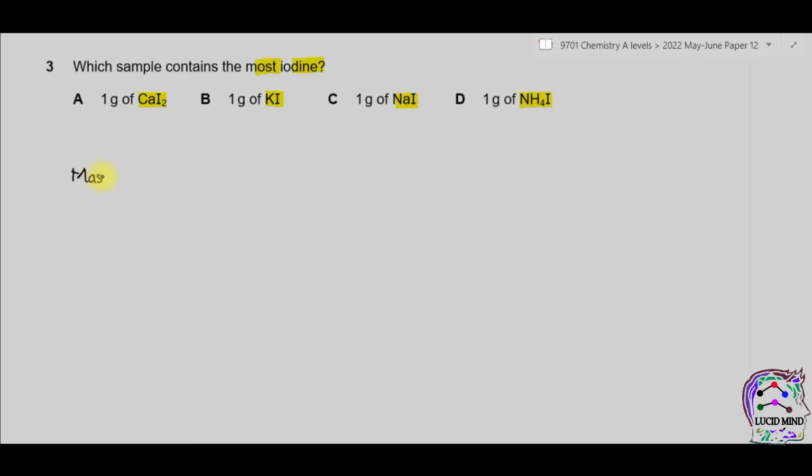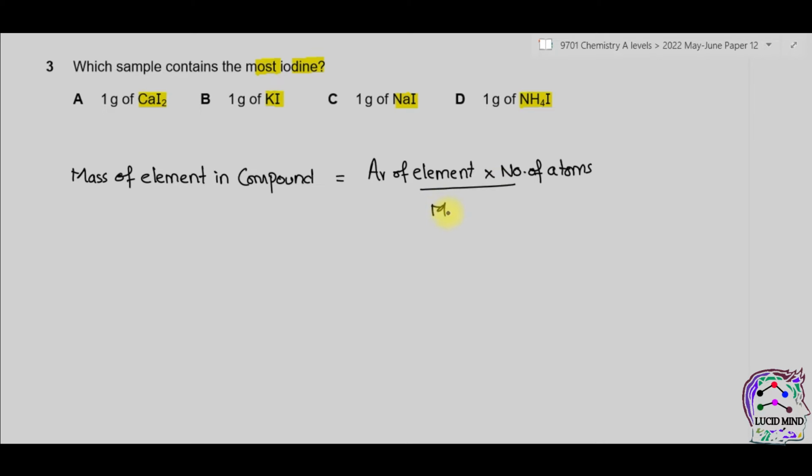So the mass of an element in any compound is equal to the atomic mass of that element, into the number of atoms of that element, divided by the molecular mass of the whole compound, multiplied by the mass of the compound.